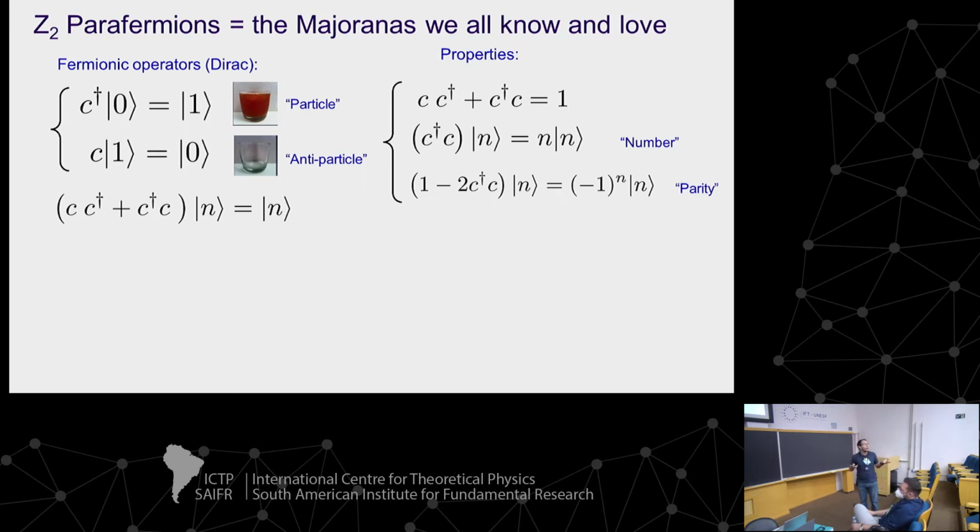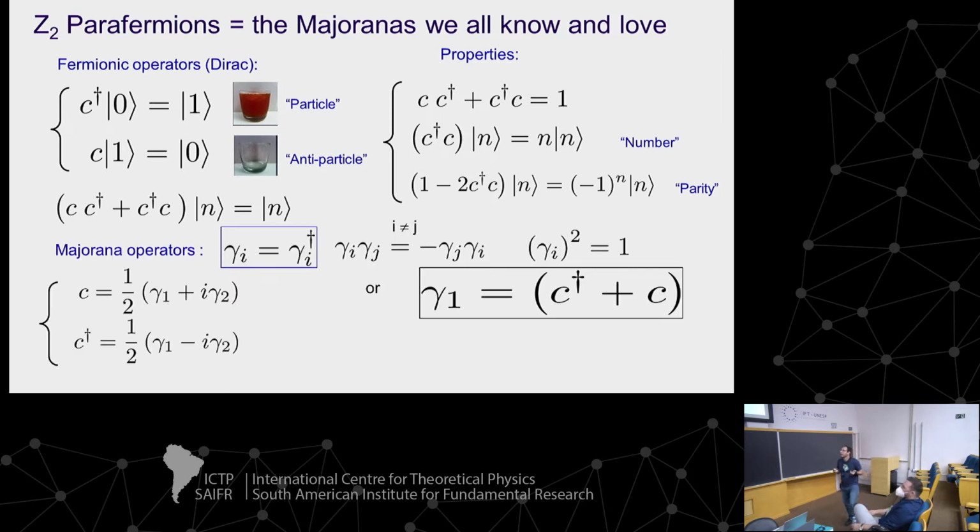Now, what are the Majoranas? The Majoranas are a different representation. We can define these self-Hermitian operators, which are equal to their own Hermitian conjugate. And they obey this algebra, which is kind of similar to that, but with this very important distinction that if you square this operator, you get 1.